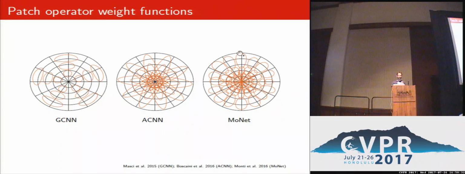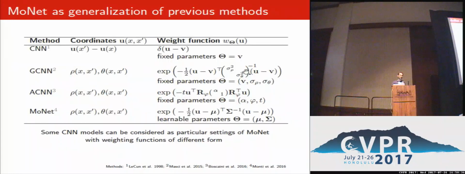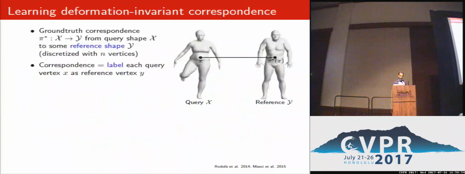Here we allow adjusting the weighting functions in an optimal way, and it produces much better results. We can actually show that it generalizes many previous convolutional or convolution-like neural networks, including, of course, the classical CNNs, and also many models that are used for deep learning on graphs. But we covered that in the first tutorial, on the first day.